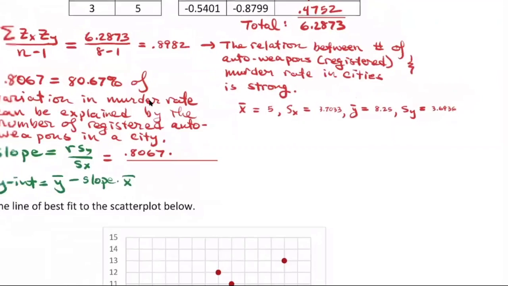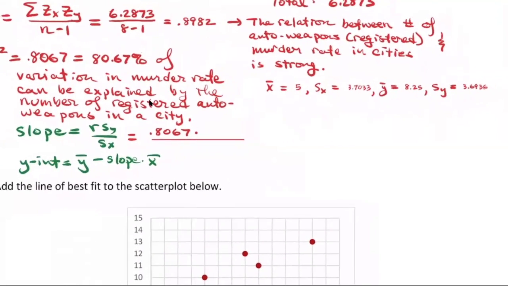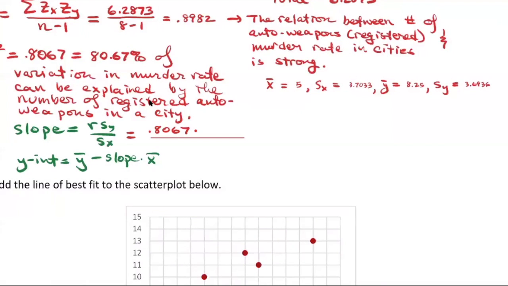So when we compute the slope, you need to multiply by SY, which is 3.6936 over SX, which is 3.7033. Okay, so let's do that real quick.